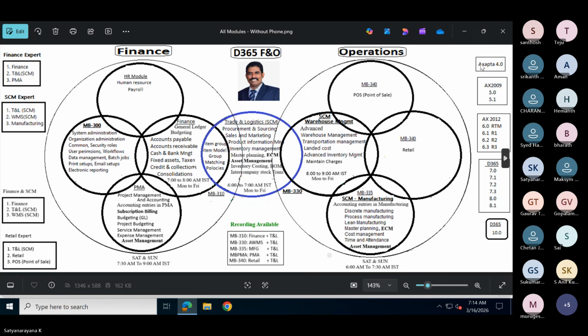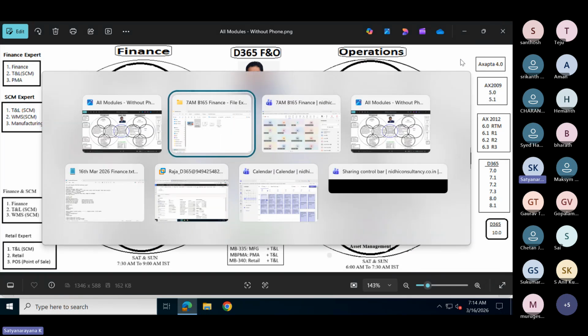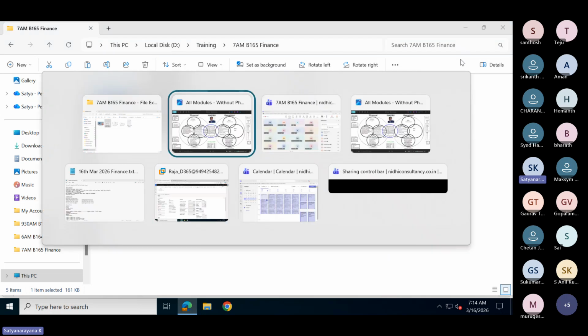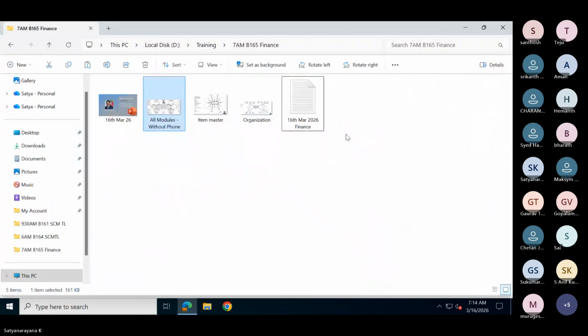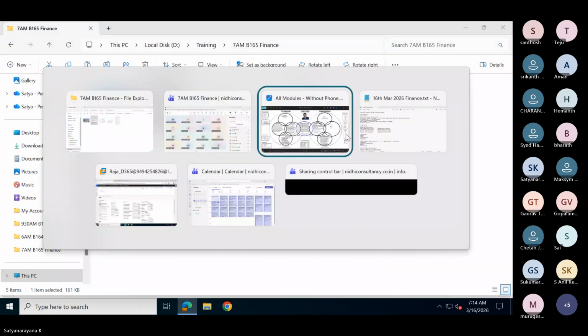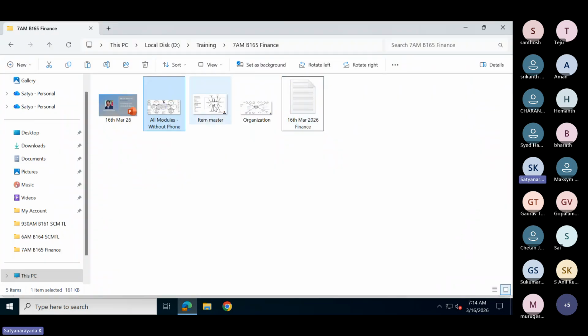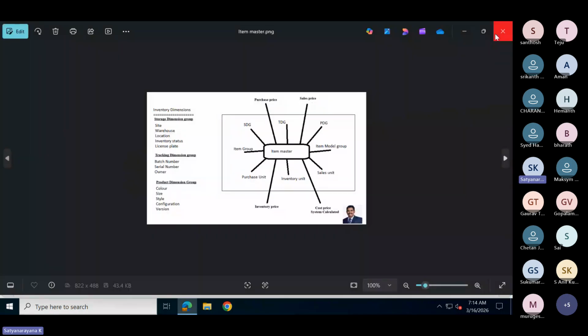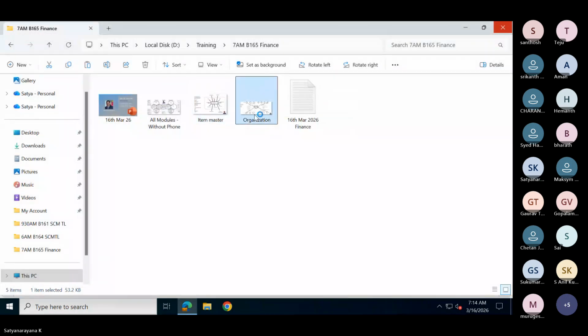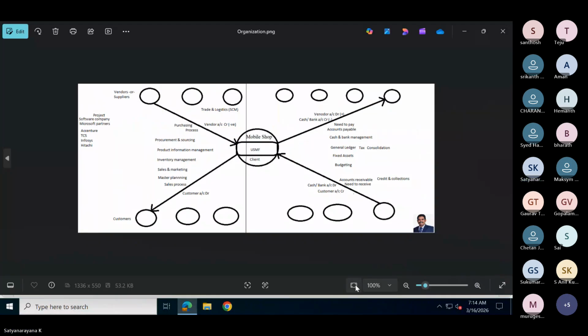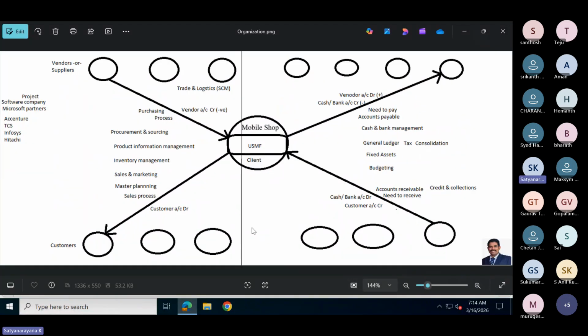Okay. So now if you join a company as a software consultant, give me a second. Fine. So once you learn this and become an expert in this application, you are going to join a software company.